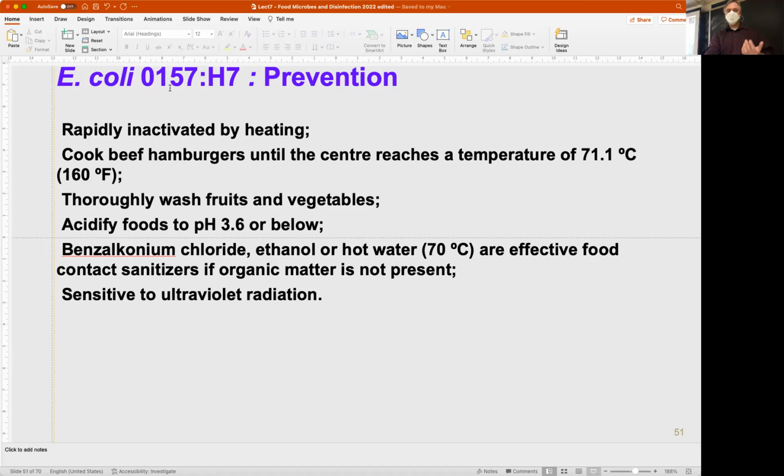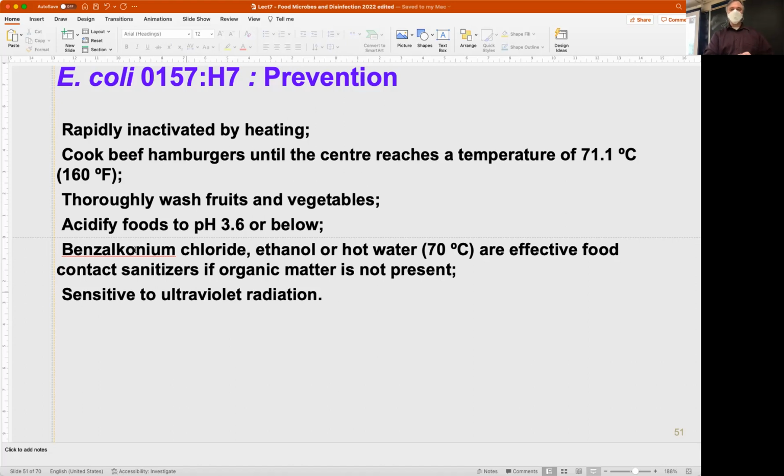Acidifying can also denature the protein toxin. And here's a complicated word: benzalkonium chloride is a food sanitizer. It's probably a sanitizer that the food industry would spray down on food preparation surfaces to make sure they're clean.